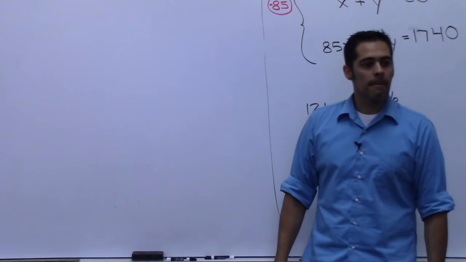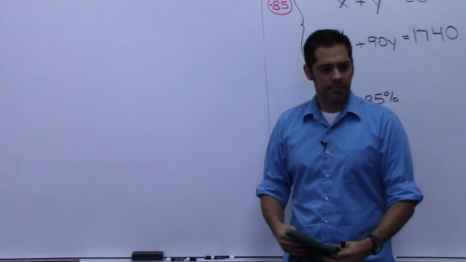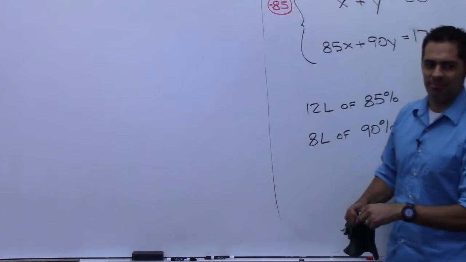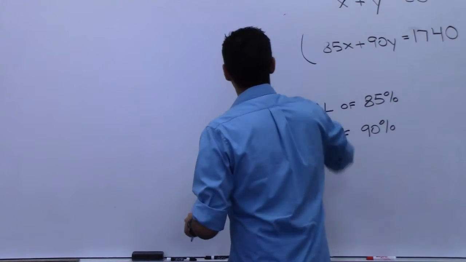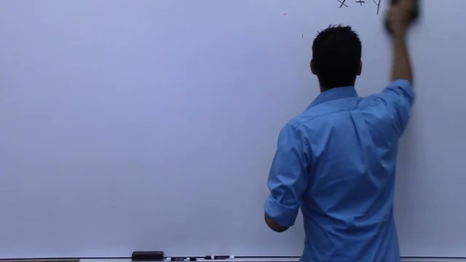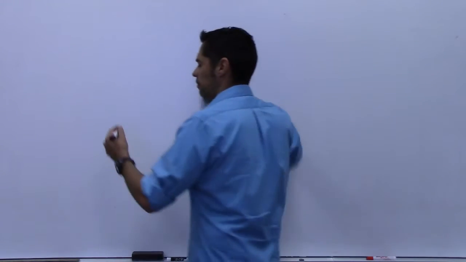When are we gonna do 3 variables? Yeah, I think it's time. This was, yeah, right now. Okay, you ready? We're going to move on to the next thing, which is systems of 3 equations, 3 variables.